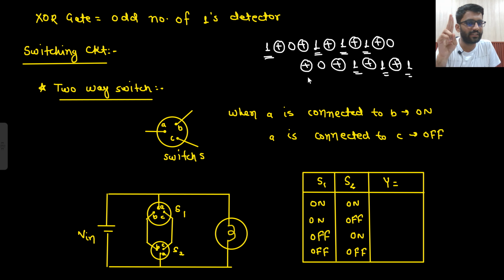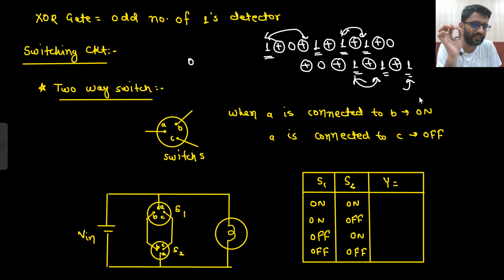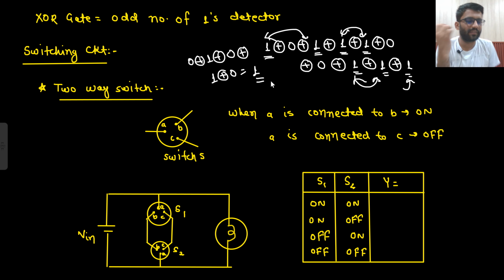You know 1 XOR 1 is 0, another 1 XOR 1 is 0, another 1 XOR 1 is 0. So 6 ones will make 0 only. Only one is left. So 0 XOR 0, more zeros will come, XOR 1, but there is no meaning in that. So basically 1 XOR 0 is left, so the answer will be 1.